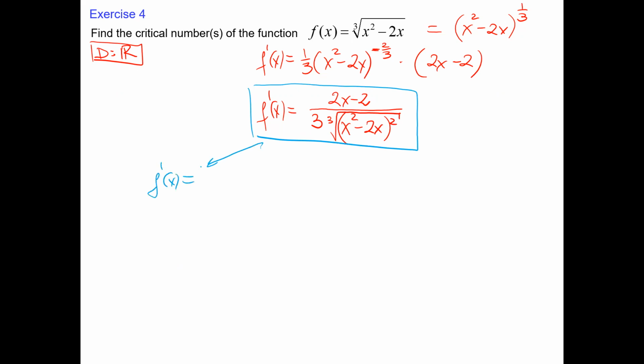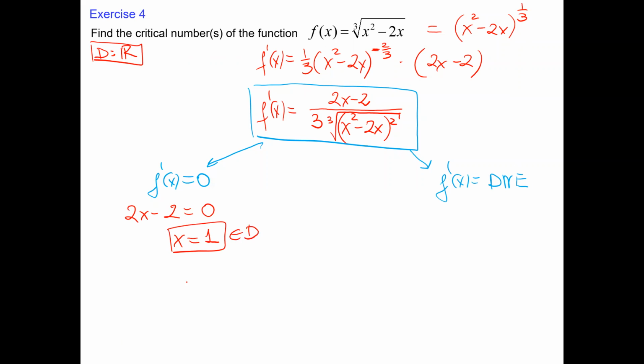Okay, critical numbers. The derivative of x equals 0, and we have to find out where, or the derivative is undefined, and we have to find out where. That's the condition. The derivative is 0 if this fraction is 0. This fraction is 0 if the numerator is 0. 2x minus 2 equals 0, x equals 1.